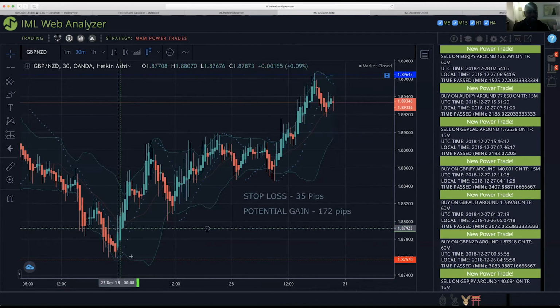If it decides to sell, we're only going to risk 1 to 3% of our account. Now, if I would have taken this trade, I would have potentially lost 35 pips or potentially gained 172 pips maximum so far. This call happened on December 27, 2018, and it happened a little bit after midnight.